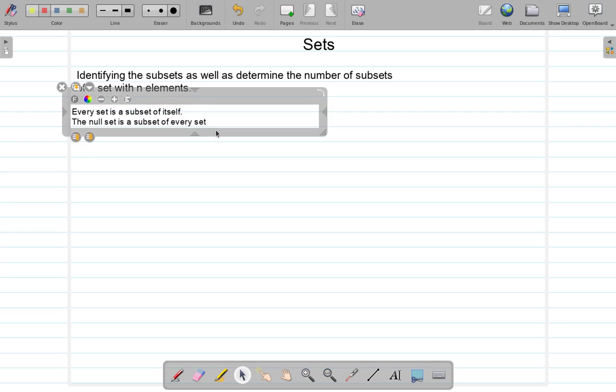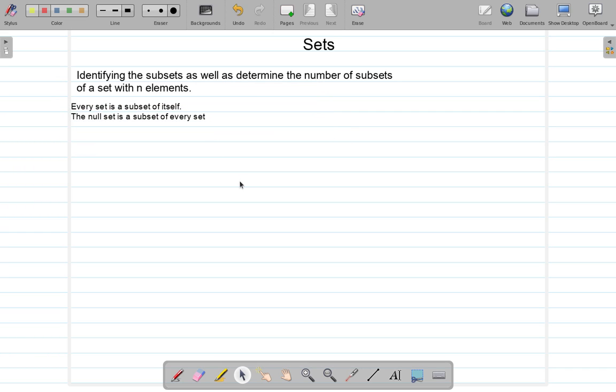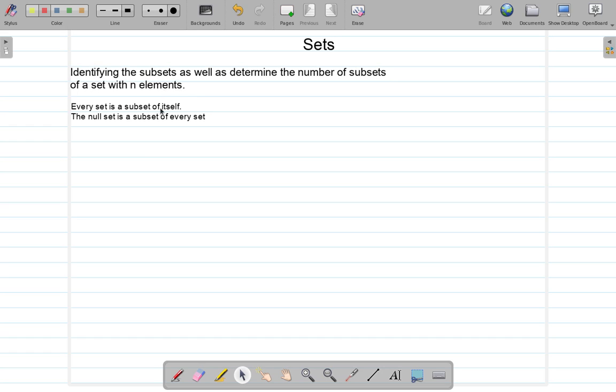Now, say for example, we have a certain number of subsets in a set, and we want to calculate the number of subsets in a set, I should say, and the number of elements is n.